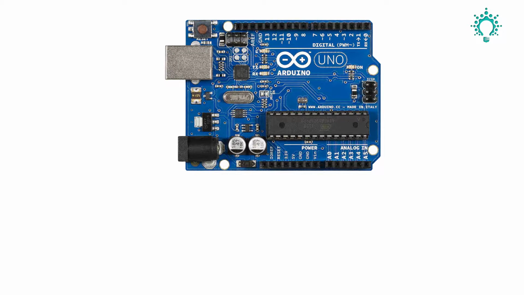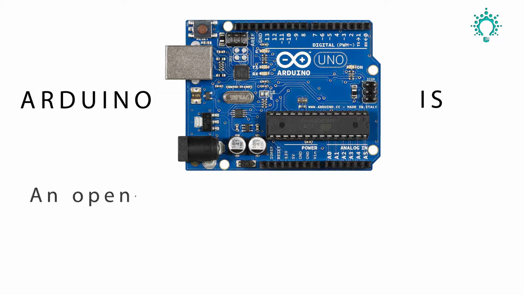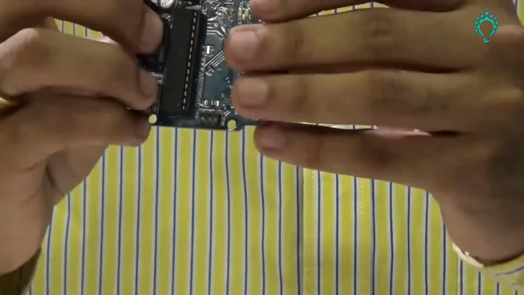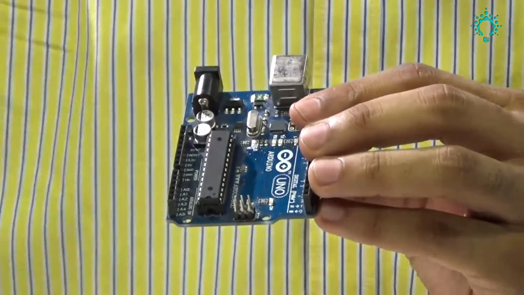Then what is Arduino? Arduino is an open source hardware platform based on Atmel AVR microcontroller and C++ based IDE. So let us split the definition and understand it. It is an open source hardware platform. Open source hardware platform means all the implementation details of this board are available on their website.